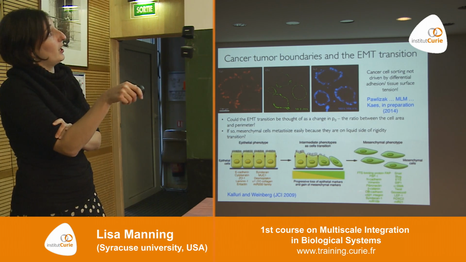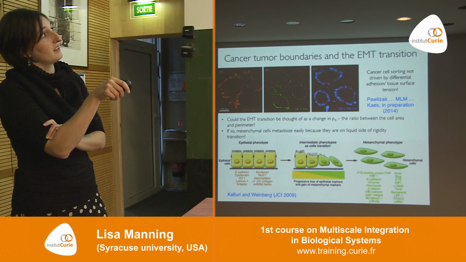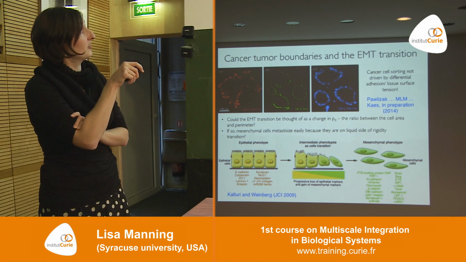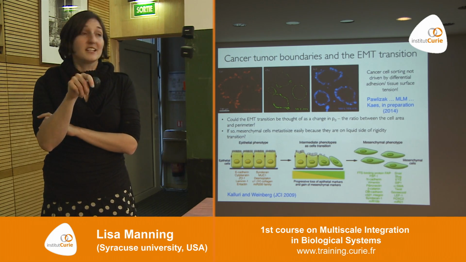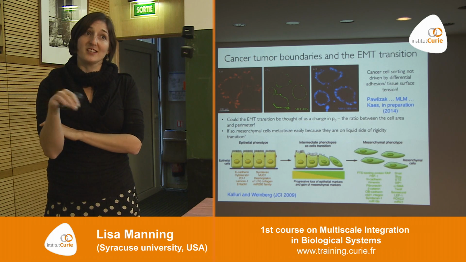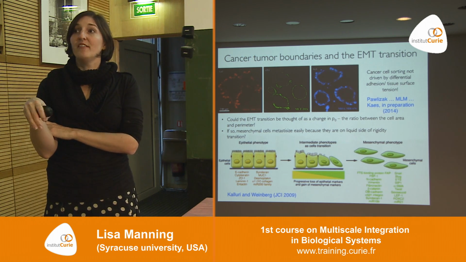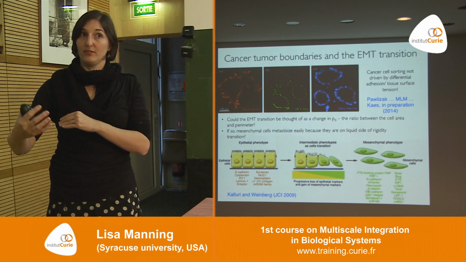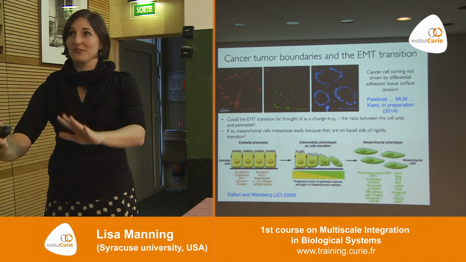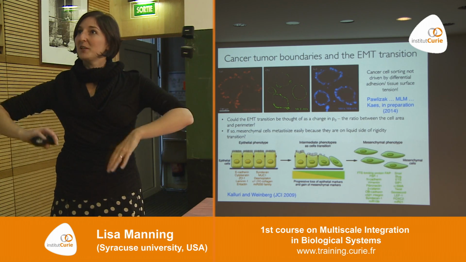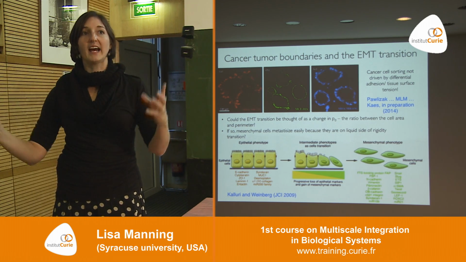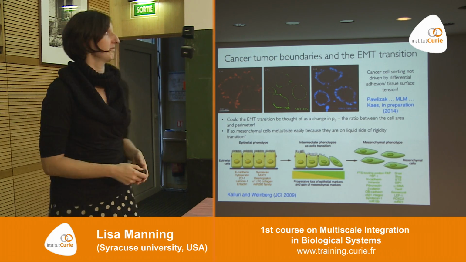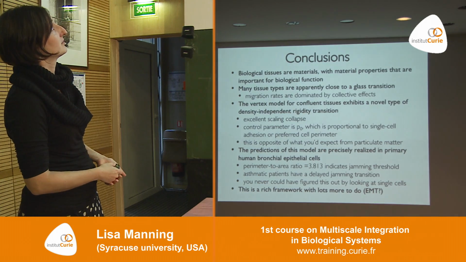And then the idea could be, well, the reason why it's so easy for mesenchymal cells to leave a tumor is because the epithelial cells are really solid-like, and these cells are sort of liquefying at the edges, and then they can move away. So it's a very different way of thinking about what could be generating the sort of, I mean, there's clearly many other things going on in the EMT transition as well, but it's sort of a nice way of saying, well, there's this very collective effect that could be generating this behavior in this EMT transition.